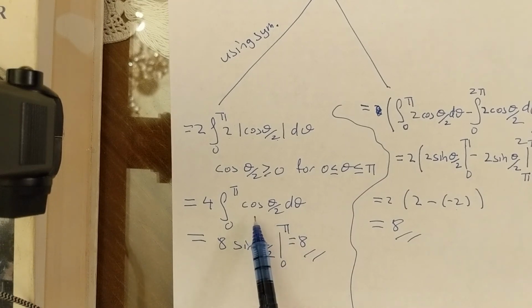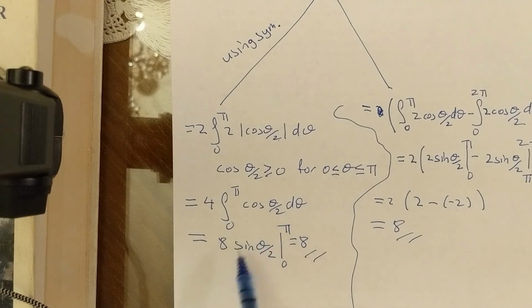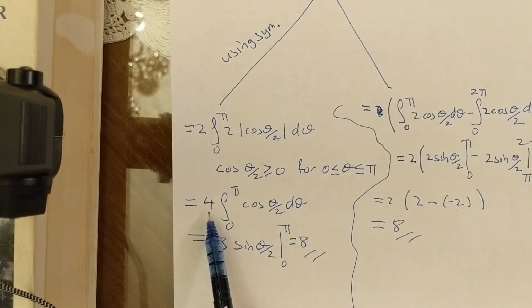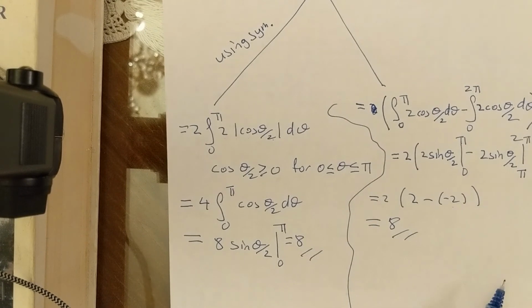If you want to do a substitution, be my guest. Just do the opposite of what's happening to the variable. It's divided by 2, so multiply by 2. 4 times 2 is going to be 8 sine theta over 2. So it's actually 2 sine theta over 2 times 4. Now if you plug in 0, you get 0. When you plug in pi, you get sine pi over 2. So the answer is 8.